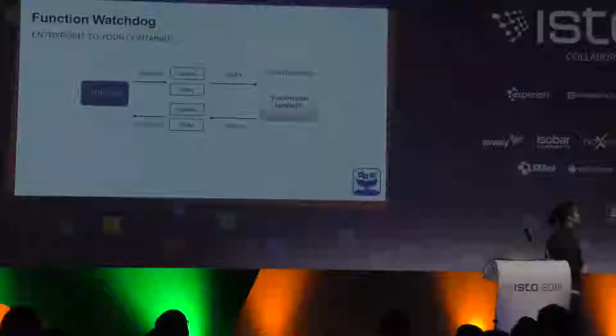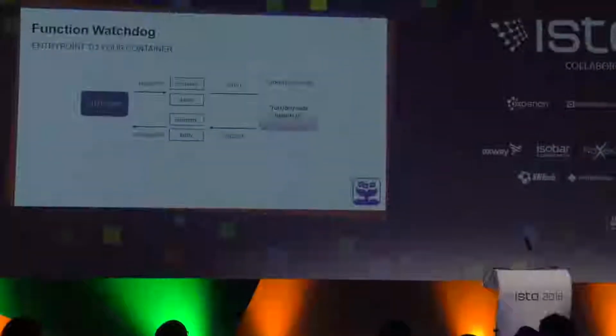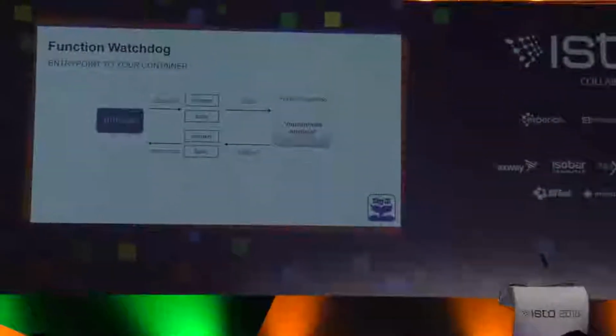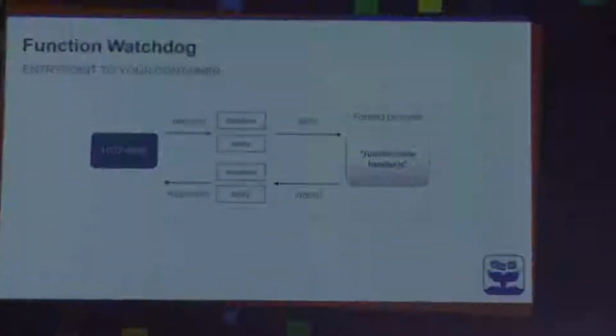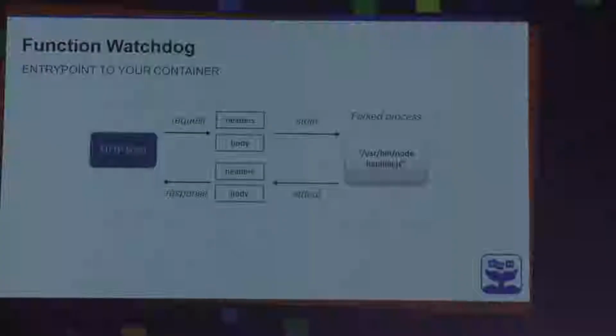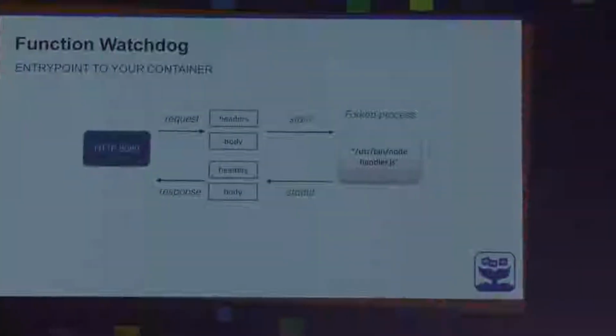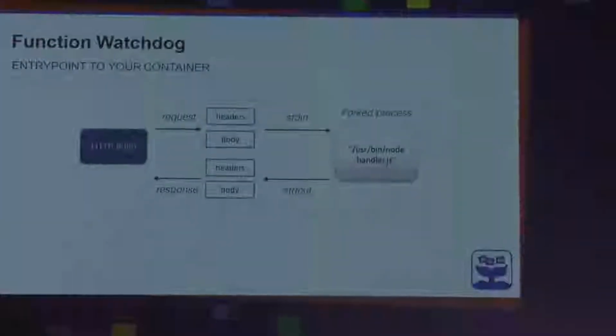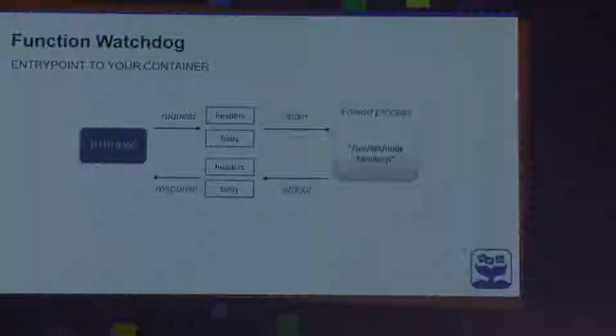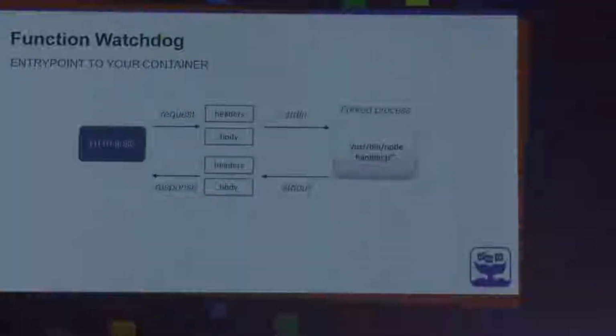The watchdog is listening for HTTP requests. It's sending them as stdin into the function, and then it's taking the output from the function, and bringing it back to where it took it from. And it's a forked process that runs and listens.